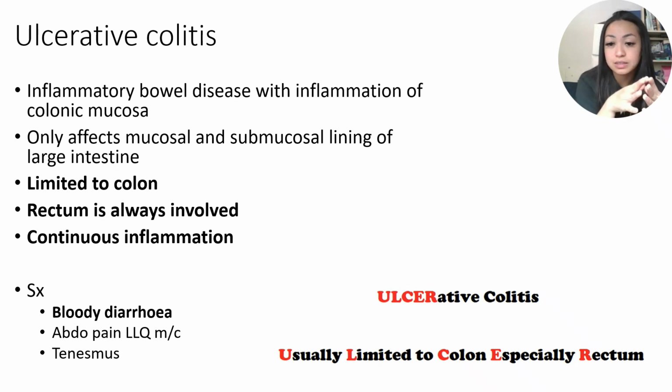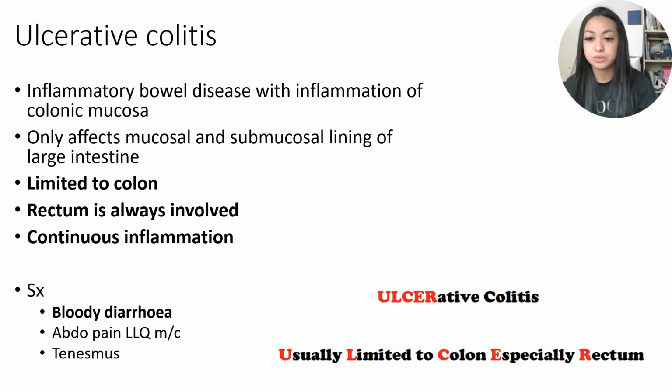In ulcerative colitis, the inflammation is limited to the mucosal lining, whereas in Crohn's disease, like we've already discussed, it's transmural. And in ulcerative colitis the inflammation is continuous, whereas in Crohn's it's discontinuous. In Crohn's we have skip lesions. In ulcerative colitis we don't have skip lesions.